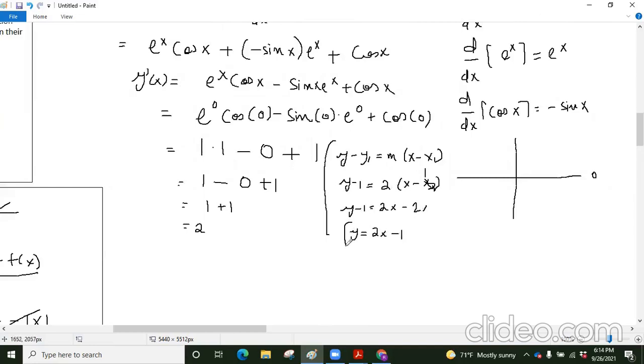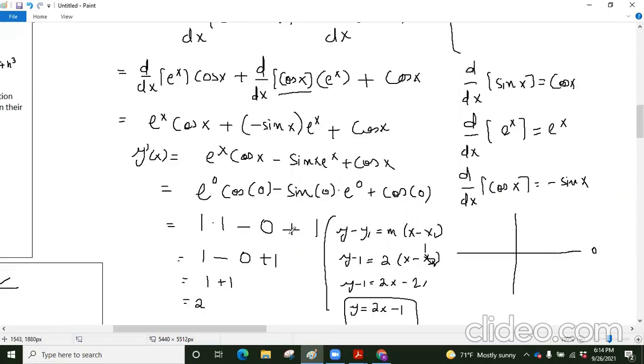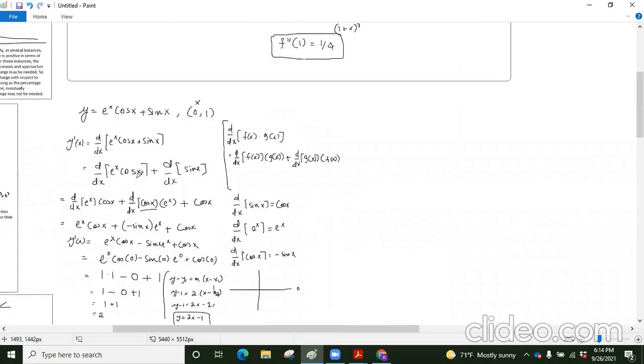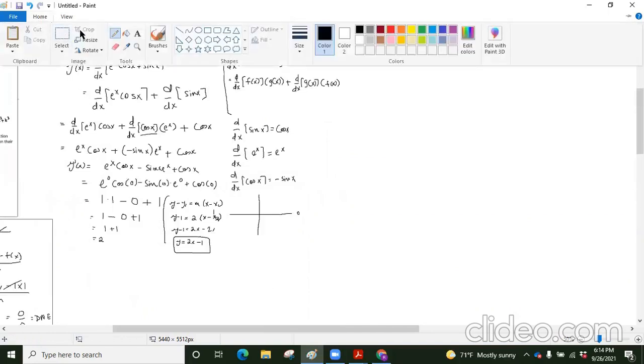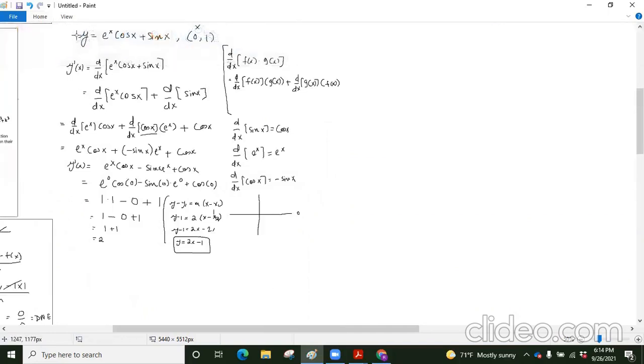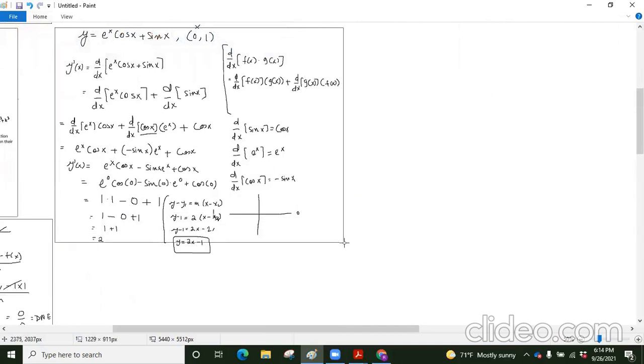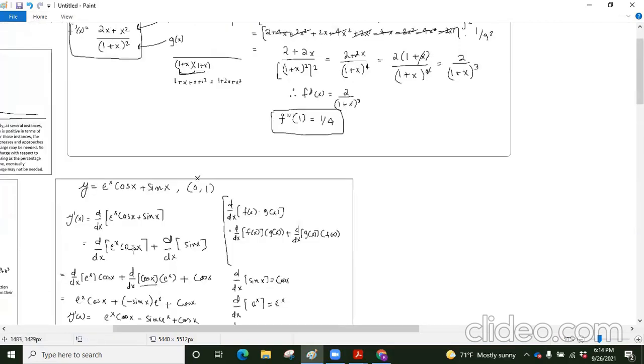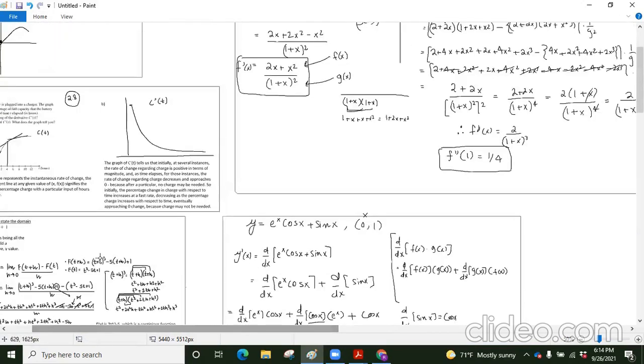That is the equation of the tangent line. So this concludes this particular question, and that is pretty much all.